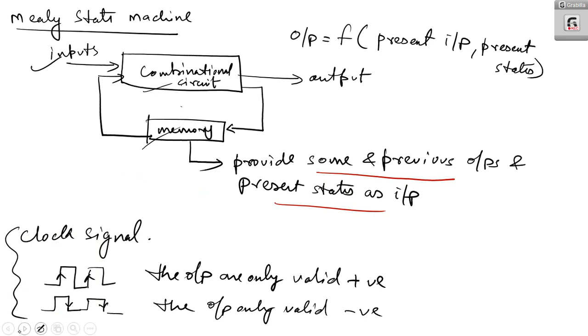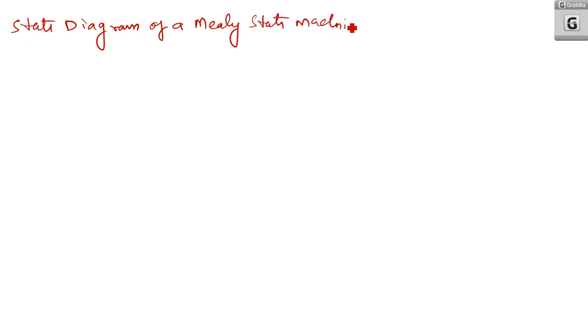Now coming to the state diagram of a general Mealy state machine. Okay. So here I am going to take 3 states, a finite number of states.